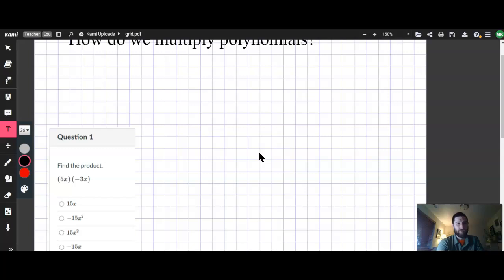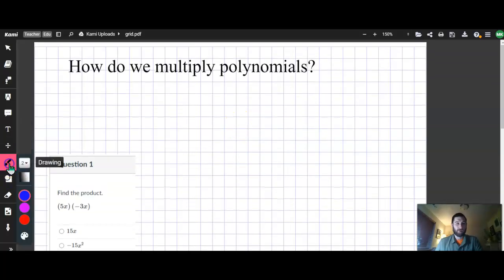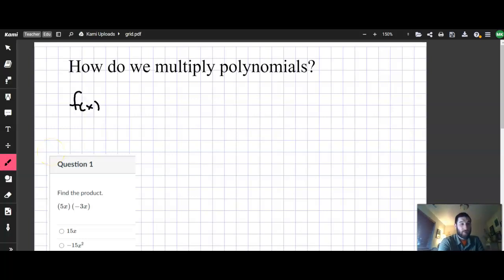So you have the function, essentially the equation, f of x equal to ax squared plus bx plus c. That probably looks familiar because it's a quadratic, and a quadratic is a type of polynomial. We call that specifically a trinomial.